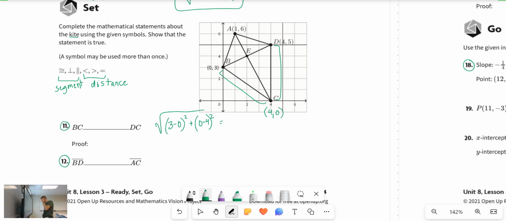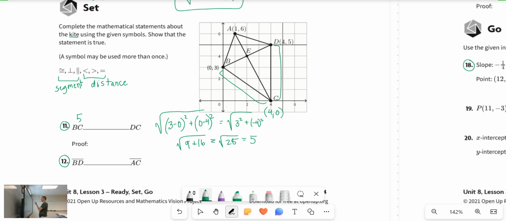So that's going to be equal to the square root of 3 squared plus negative 4 squared, which is the square root of 9 plus 16, the square root of 25, which is 5. So BC is 5.